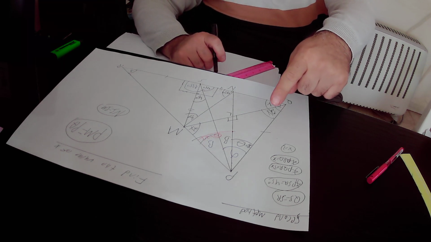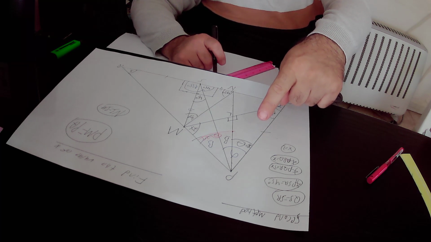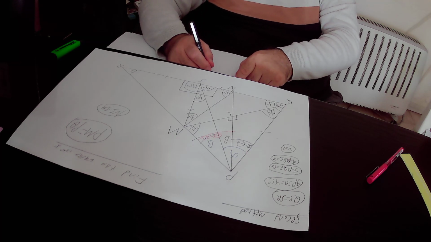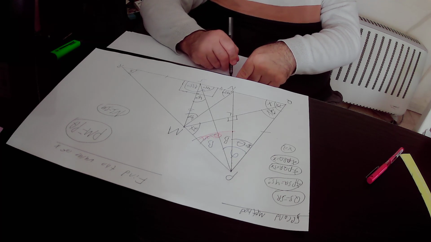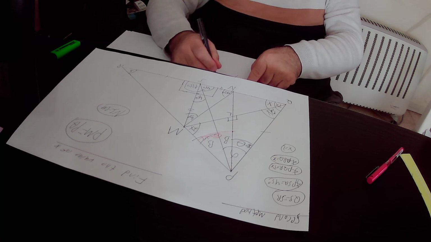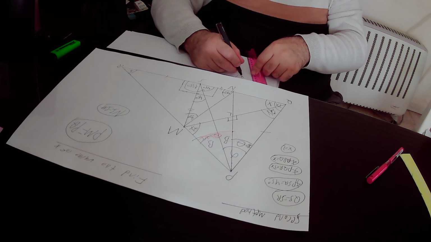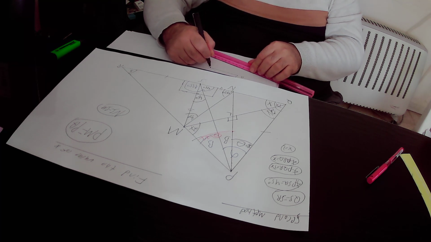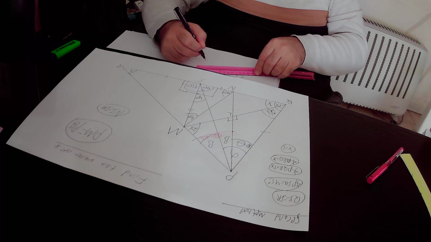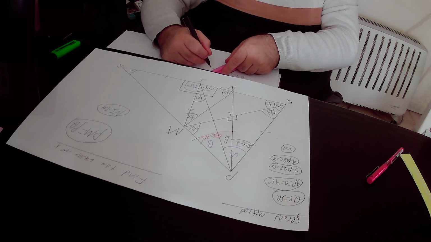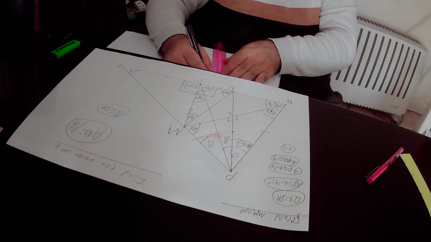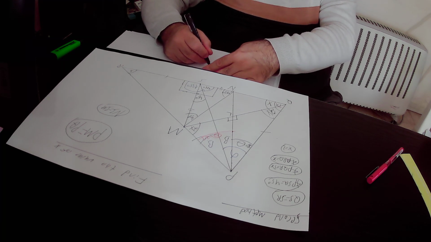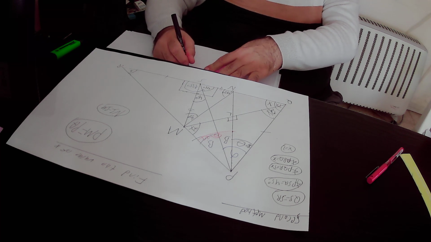So we have triangle PQN, and we have triangle PMN.